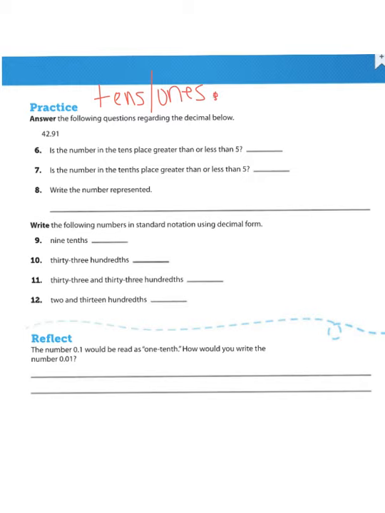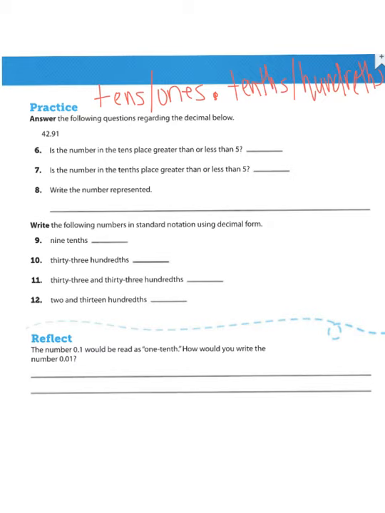So that's my decimal point. And then you have your tenths with that TH and your hundredths. So we're going to have tens and ones, our decimal point, and then tenths and hundredths.